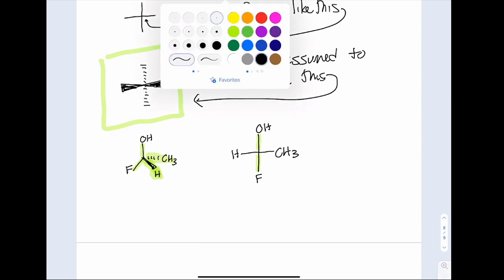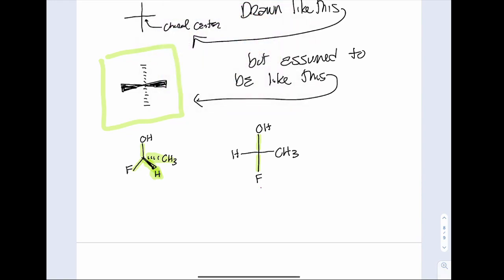So I'm going to assign priority. So fluorine's actually my highest priority group this time. Oxygen, my methyl group, and then hydrogen's my lowest priority group. I'm just going to leave the 4 off.